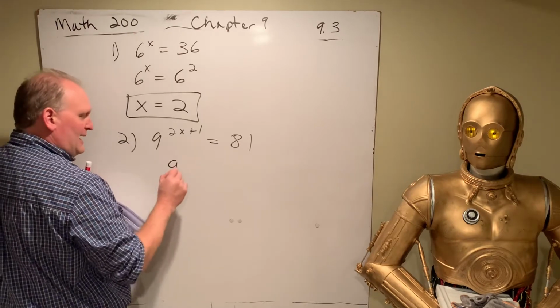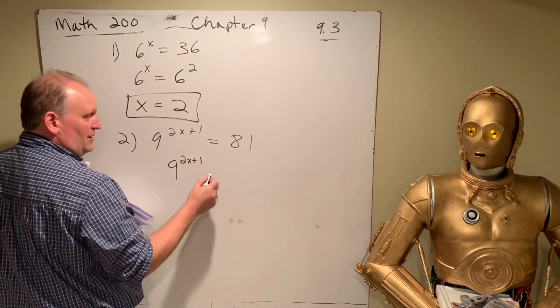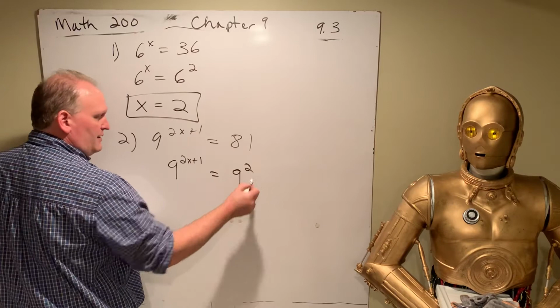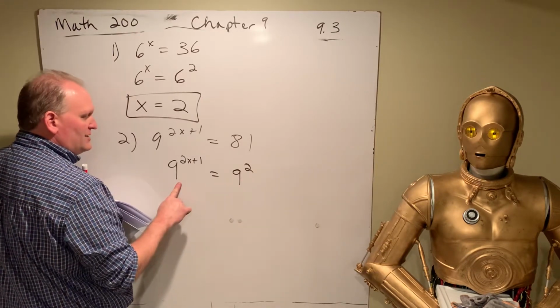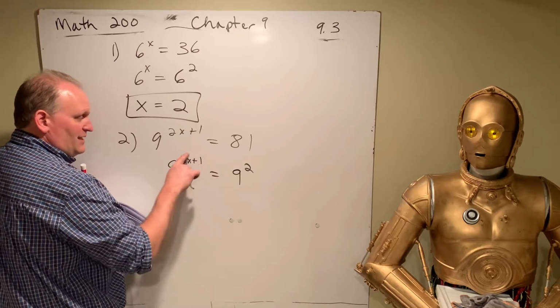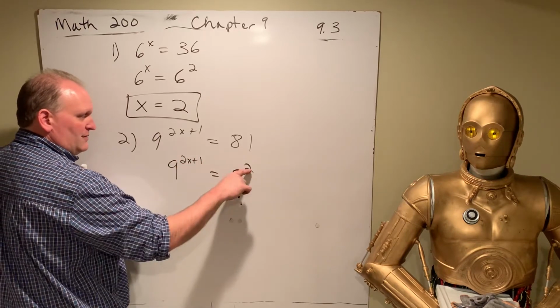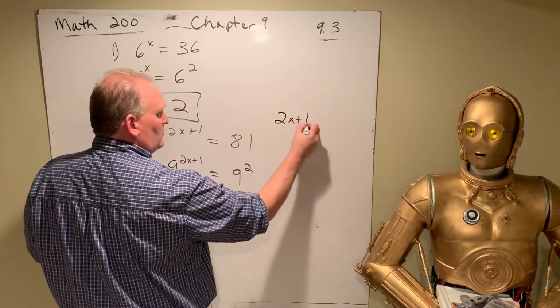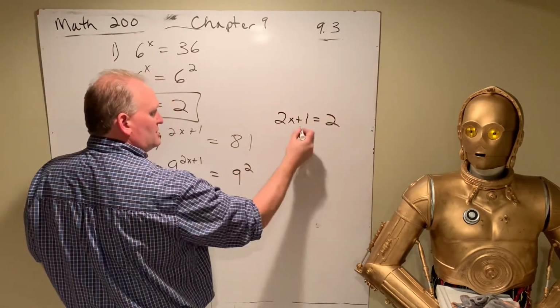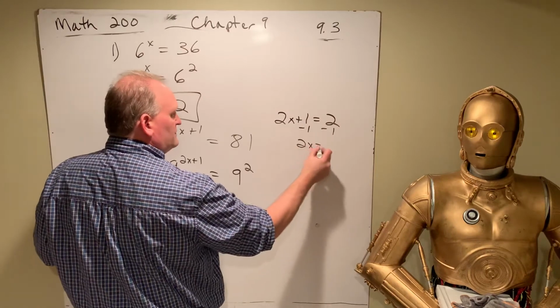So we got 9 to the 2x plus 1 power, and we got 9 squared. So again, when the bases are the same, the only way this could be true, equal, is if this exponent worked out to be equal to 2. So let's do that. 2x plus 1 is equal to 2, and then solve it. Back to week 1.